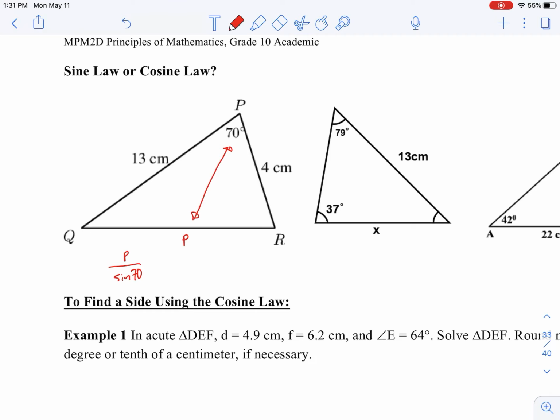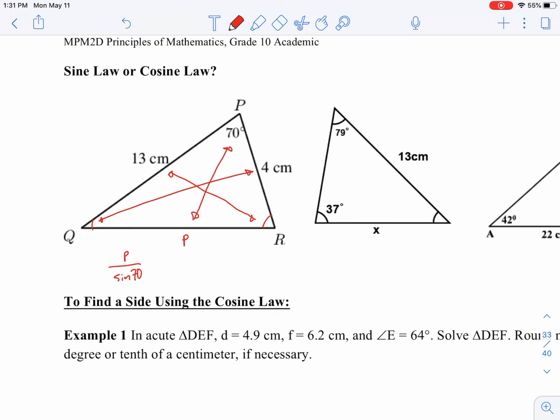When using sine law, we have to have a complete ratio. Clearly, we don't know angle R, so R and side length r wouldn't make a complete ratio. Clearly, we don't know this angle either, so Q and side length q wouldn't be a complete ratio either. So we would have to use cosine law on this one, because there's no complete ratio.